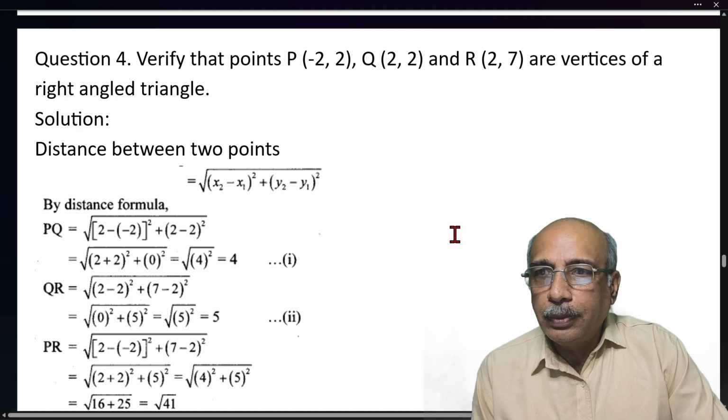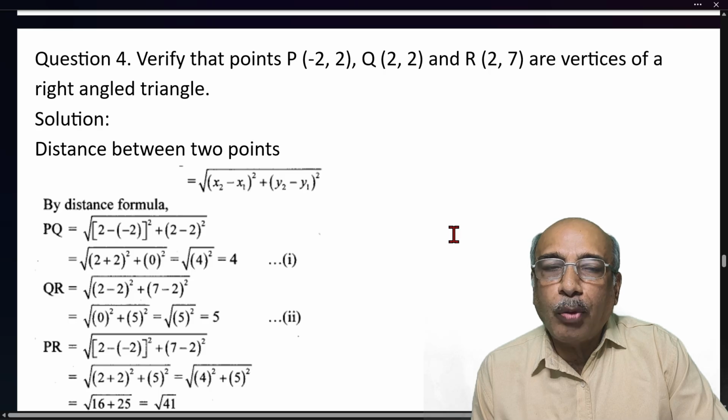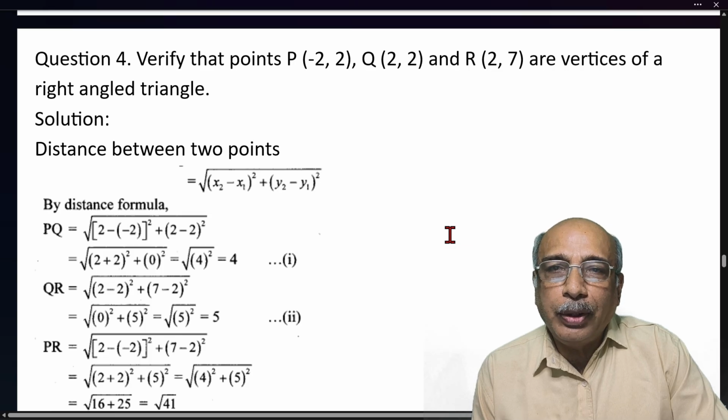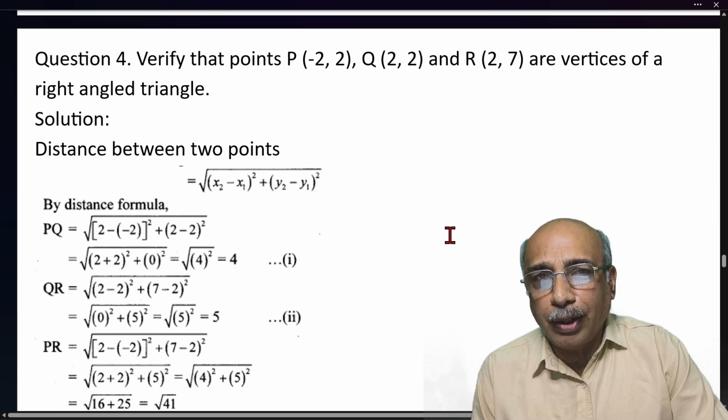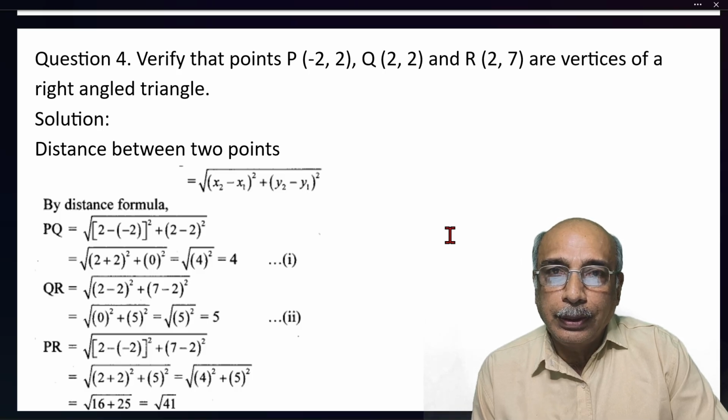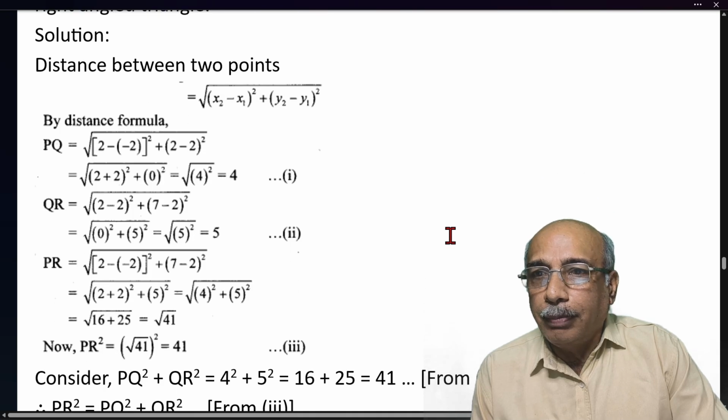Next problem. Verify that points P, Q, and R are vertices of a right angle triangle. Now, the distance between the 2 points we have to take. Whenever such points are given for a triangle or a quadrilateral, we will find the distance between all the points by the distance formula.